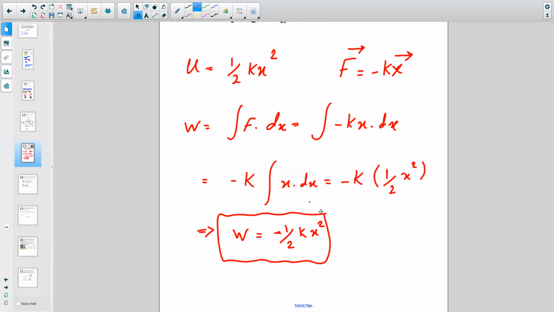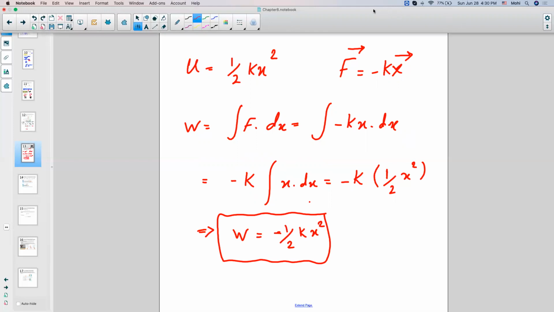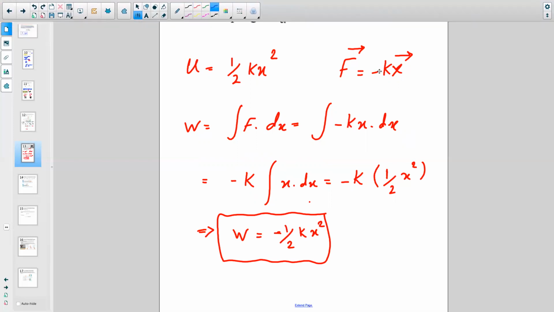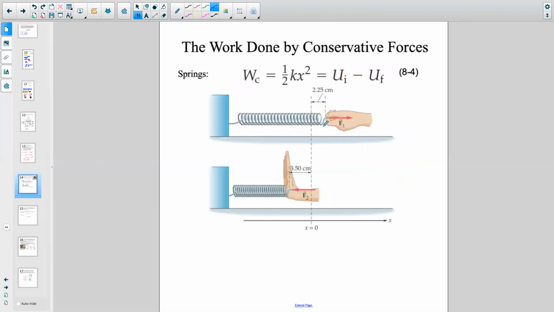The only meaning that this negative has is that you have a force in the negative direction of displacement. In other words, if you stretch a spring from its normal or unstretched position, you're storing a force inside this spring in the opposite direction.